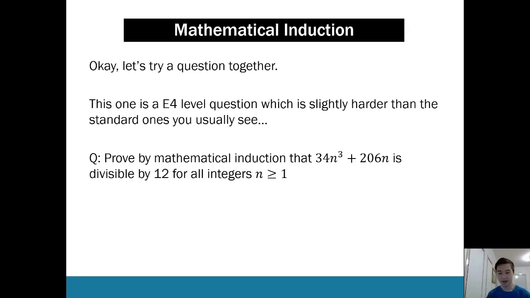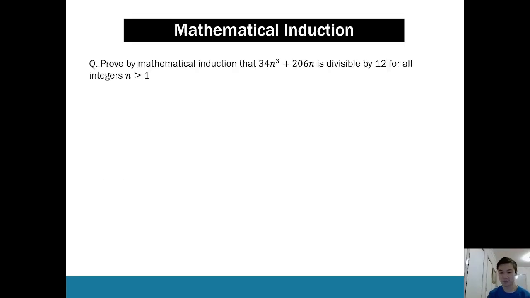But it's still an induction question and it still follows the 4 main steps that we talked about earlier. So we're asked to prove by mathematical induction that 34n cubed plus 206n is divisible by 12 for all integers n greater than or equal to 1. So let's go ahead and do this question now.